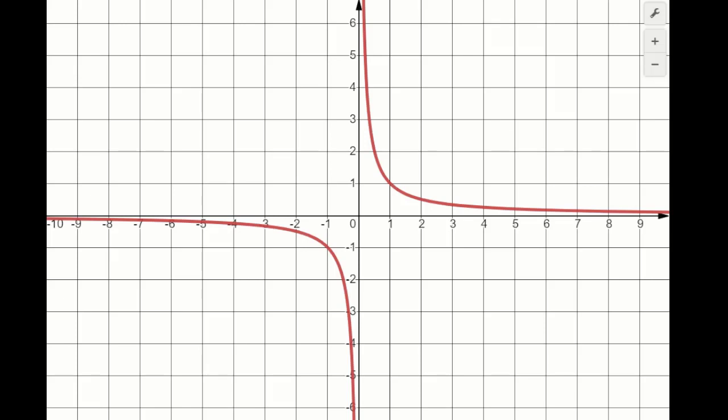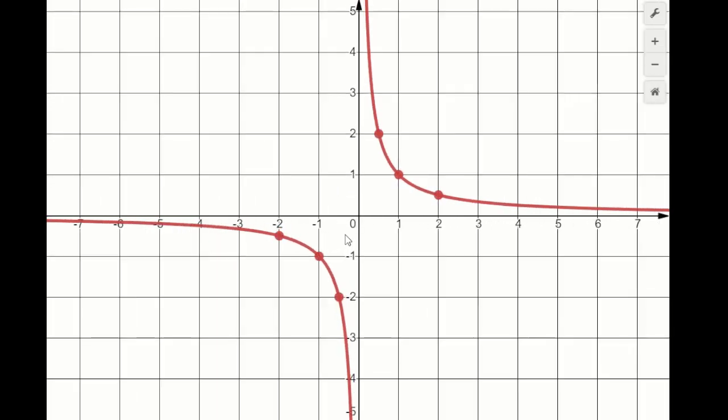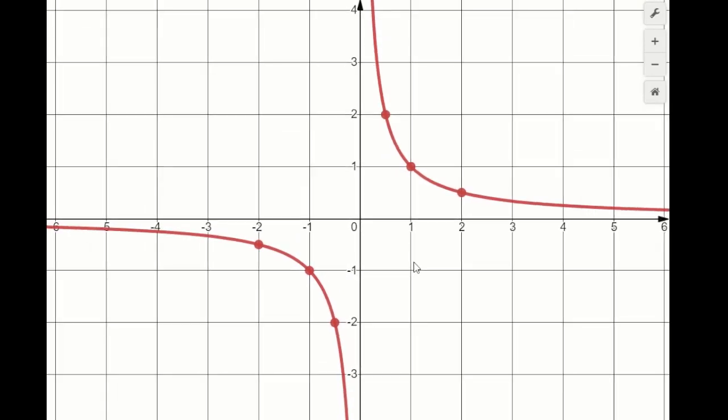Again, this is the graph for the toolkit function. And now these are the guiding points on this toolkit function. I can zoom them in pretty close.